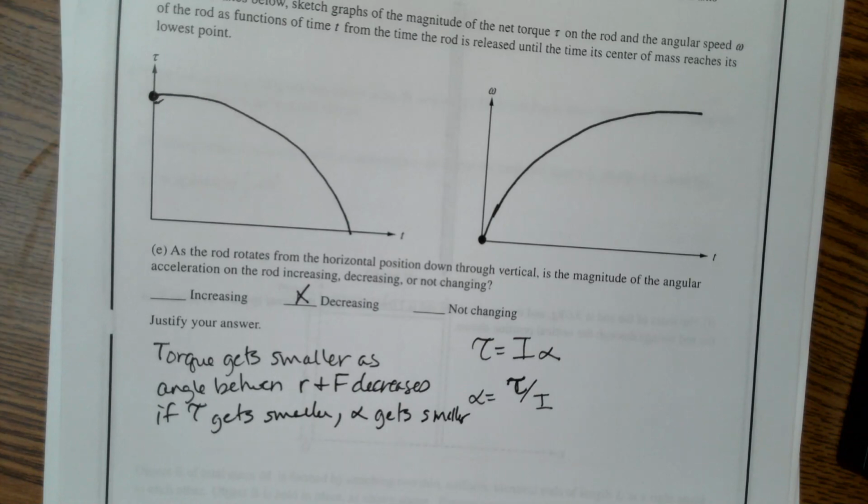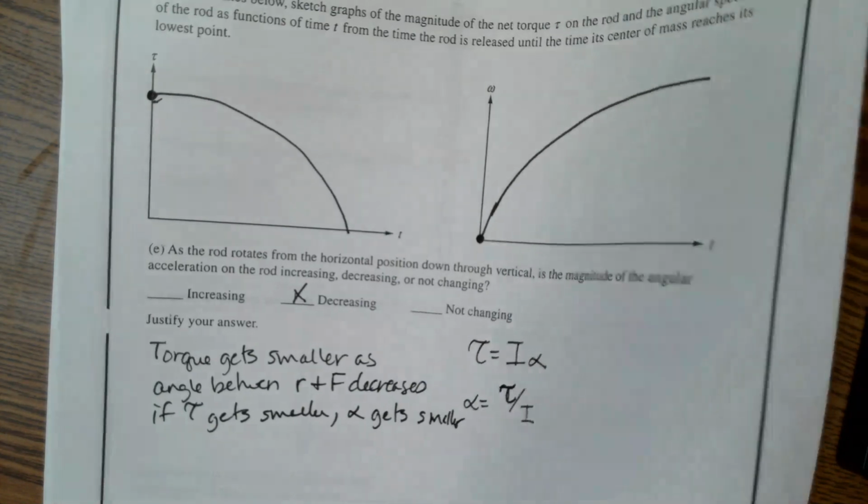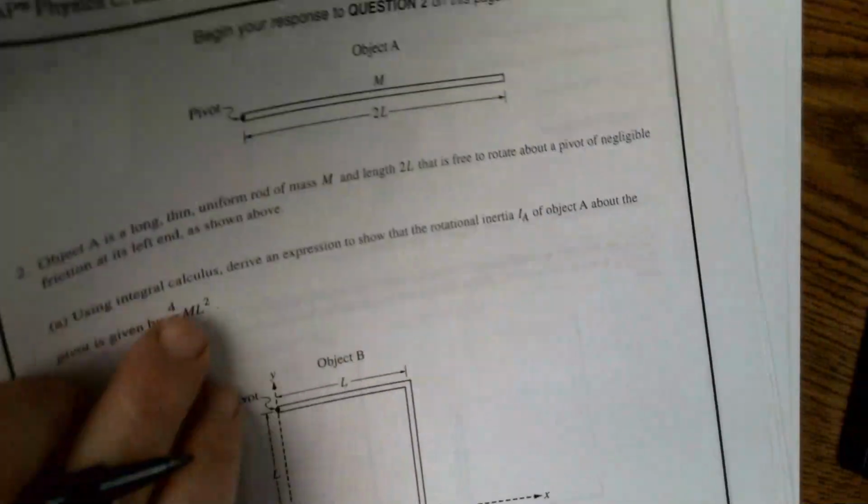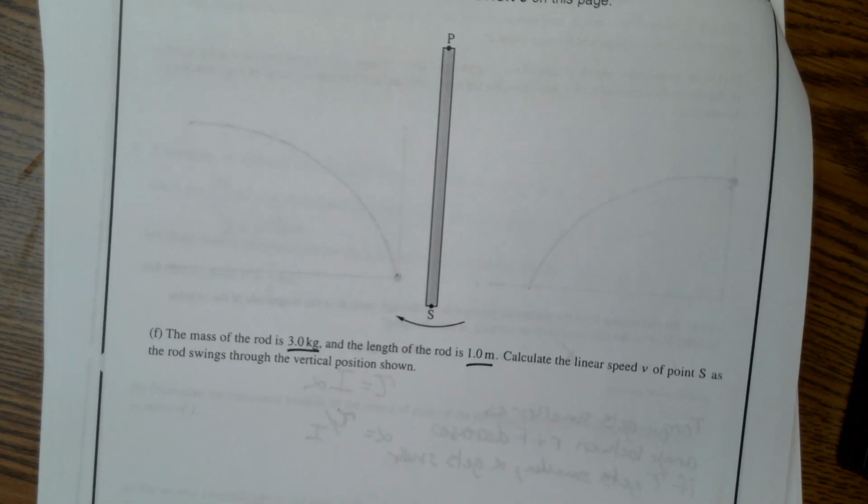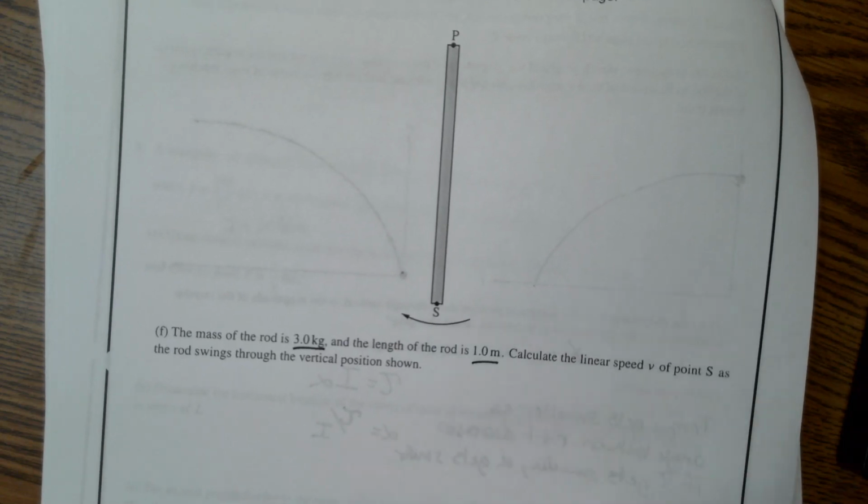Okay. And lastly, here's the rod in its vertical position. It now has a mass of 3 and a length of 1, so I get some values. They want me to calculate the linear speed as it goes through this.